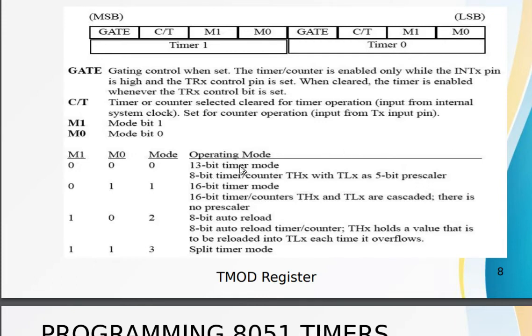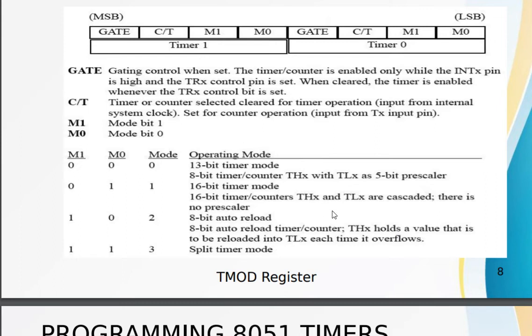So it is actually a 13-bit timer. Mode 1 is the 16-bit timer mode. You can use it as a counter also, but since it is 16-bit, there is no prescaler. Mode 2 is an 8-bit auto-reload timer or counter, where TH0 or TH1 holds the value that is to be reloaded into TLX.